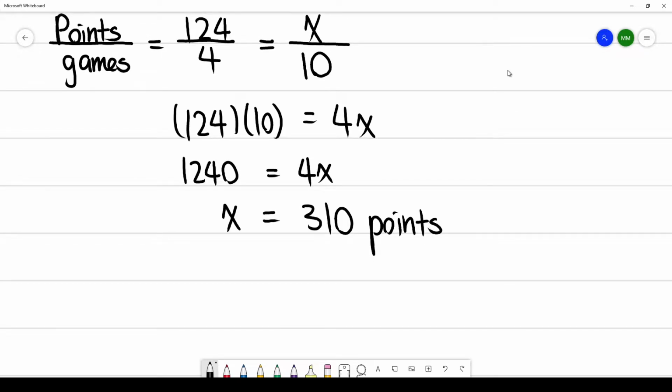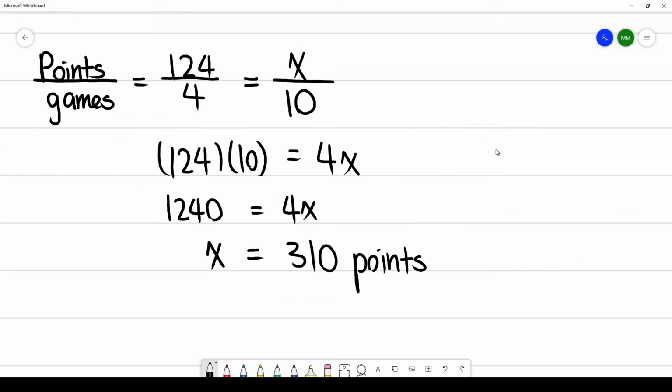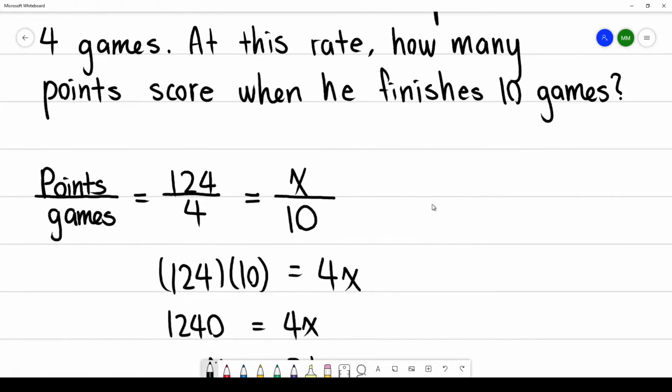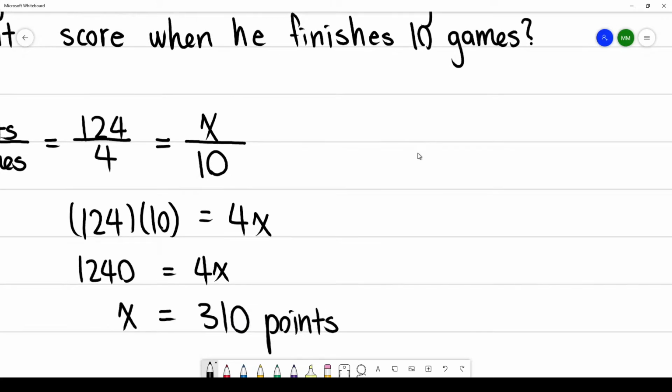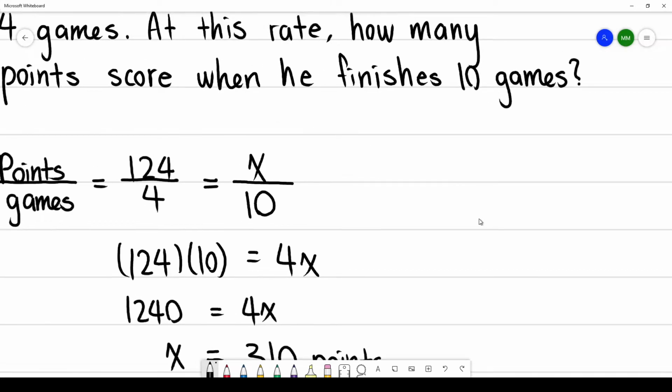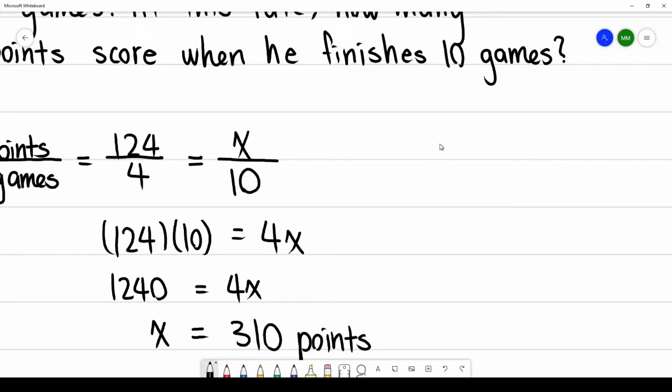Now, the other way to do it actually is that instead of figuring out how many points he scored in 10 games, we know that he already finished 4 games. So that means he has 6 more games to go, right? And for those 6 games, since he scored at the same rate, the proportion will still be 124 divided by 4.